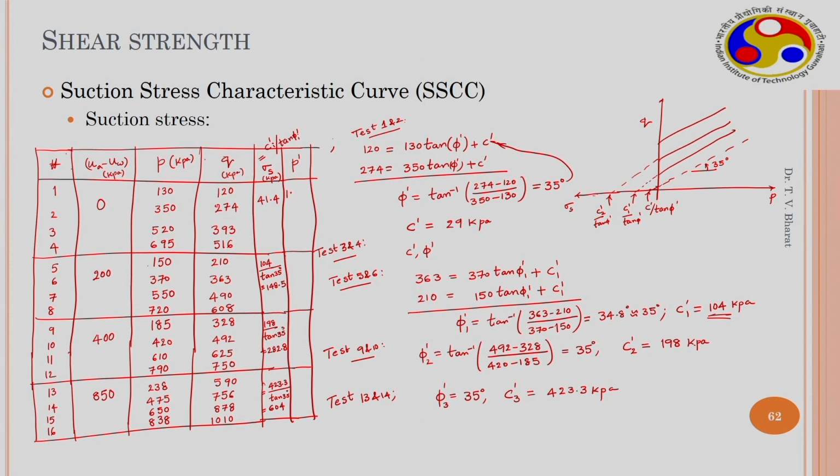So, P dash value is 130 plus 41.4. So, this is 171.4 and this is 350 plus 41.4, therefore, this is 391.4, 561.4, 736.4.